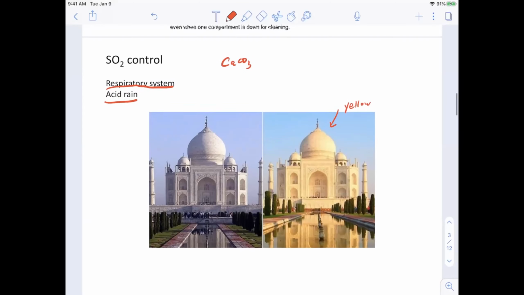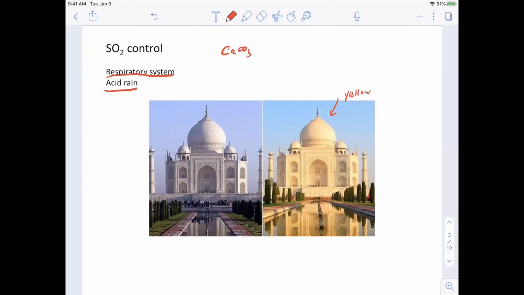right? So what happens in acid rain formation is that sulfur dioxide gets emitted into the atmosphere and can react with water. We can first form sulfurous acid, H2SO3. Okay, sulfurous, this should be 3 here.